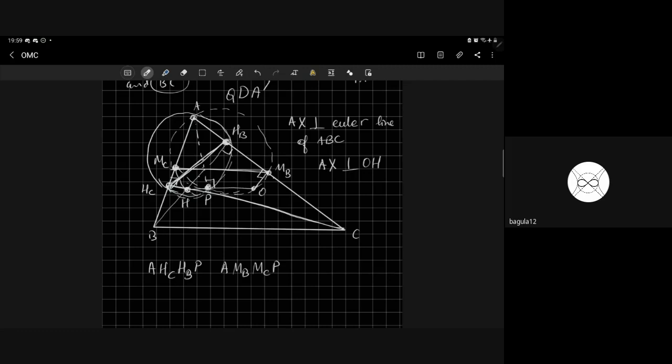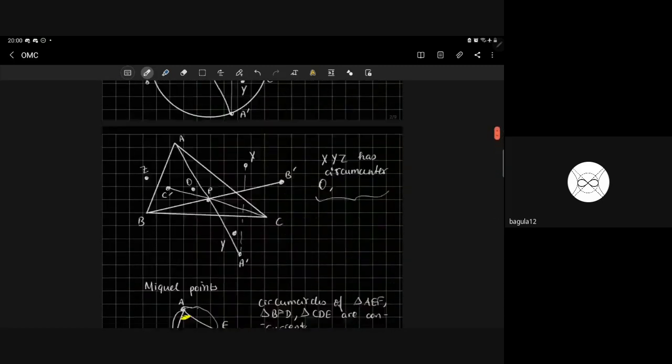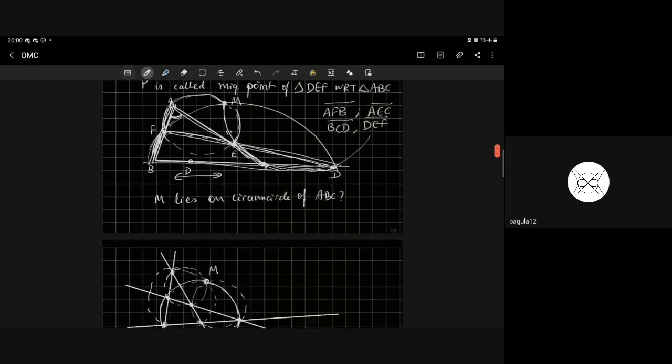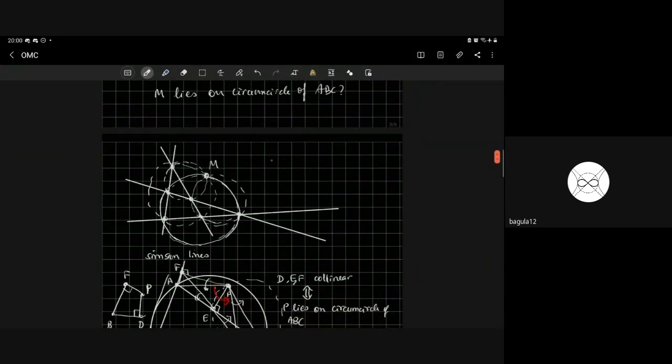So what that means is P is the Miquel point of the four lines AHC, AMB, AH. Four lines, sorry, not a triangle. The Miquel point is defined for four lines also. So if you go back, the Miquel point of four lines is here.